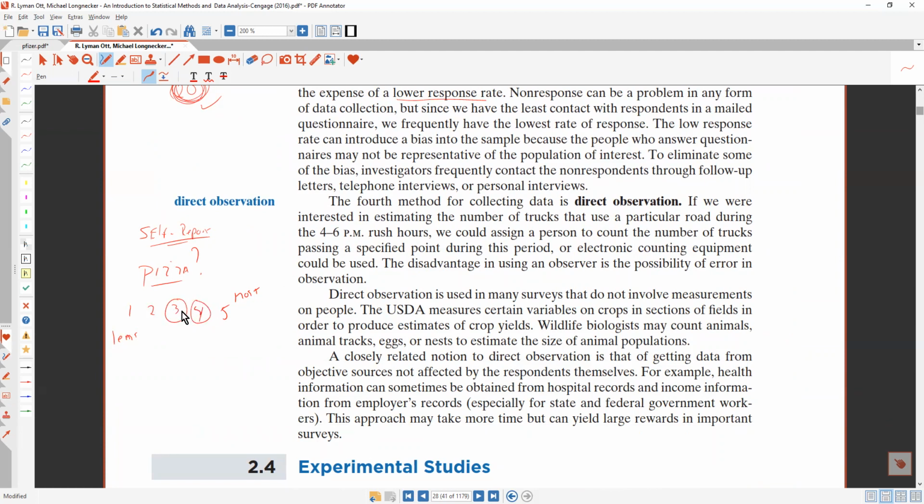Well, that's a self-report on pizza liking behavior, right? But there's some problems with that because maybe some people just like to answer 4 and 5, whereas some people like to answer 2s and 1s. It's entirely possible that the person answering 2 actually likes pizza more than the person answering 3.